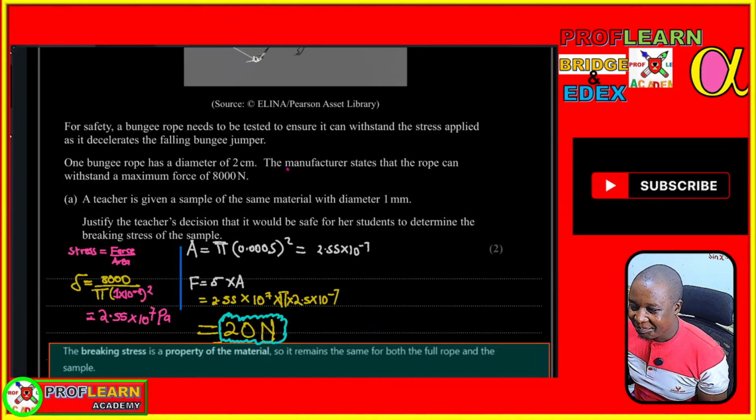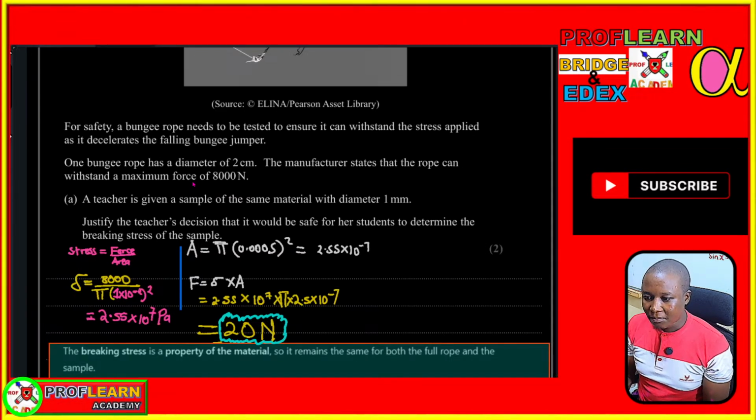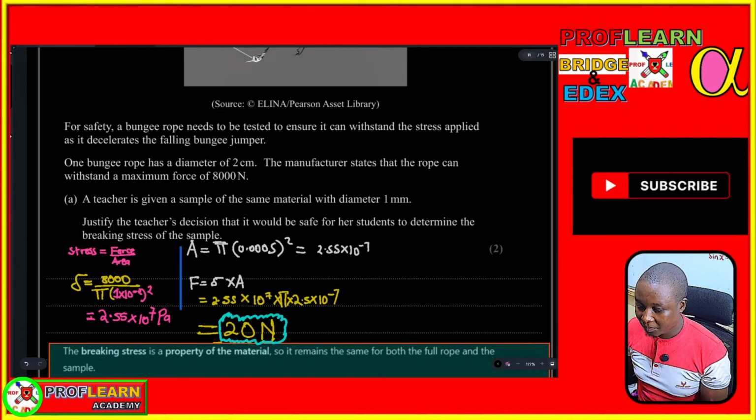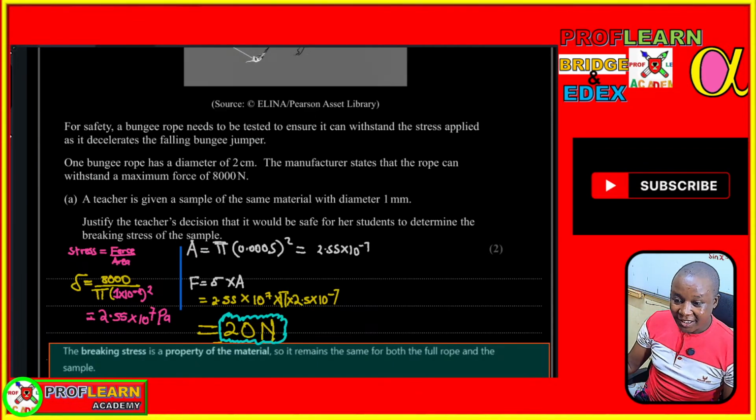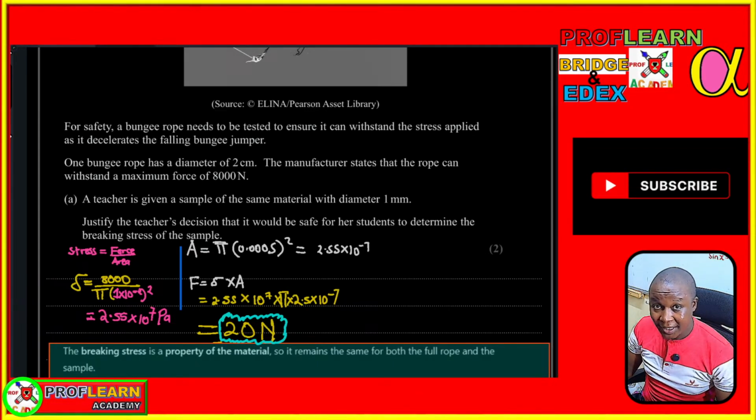One of the bungee ropes, I don't know how best to pronounce this, it depends where you come from. The manufacturer states that the rope can withstand a maximum force of 8,000 newtons before it breaks. On that regard, the teacher, Mr. Nick, was given a sample of diameter 1 millimeter.